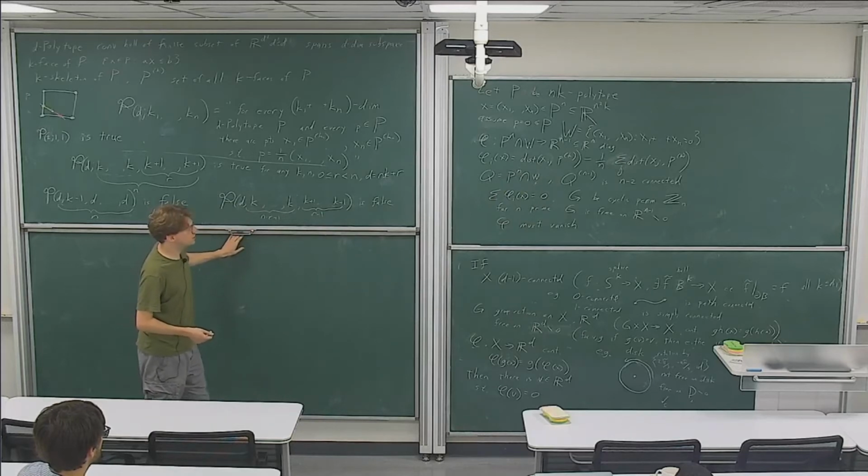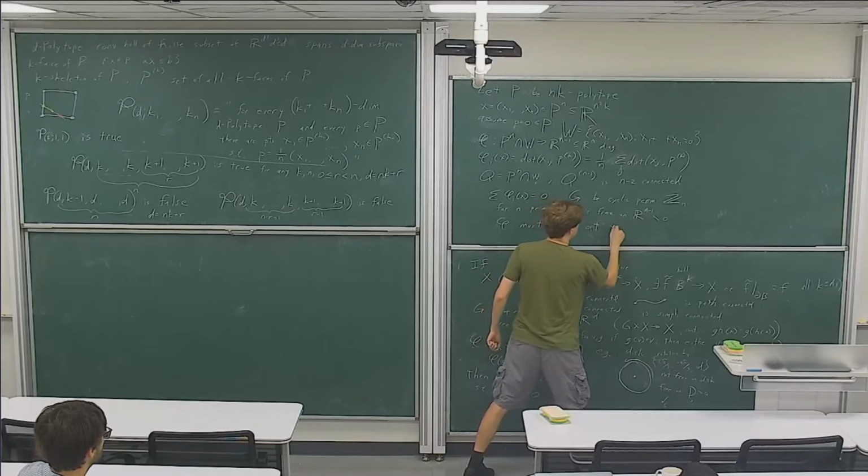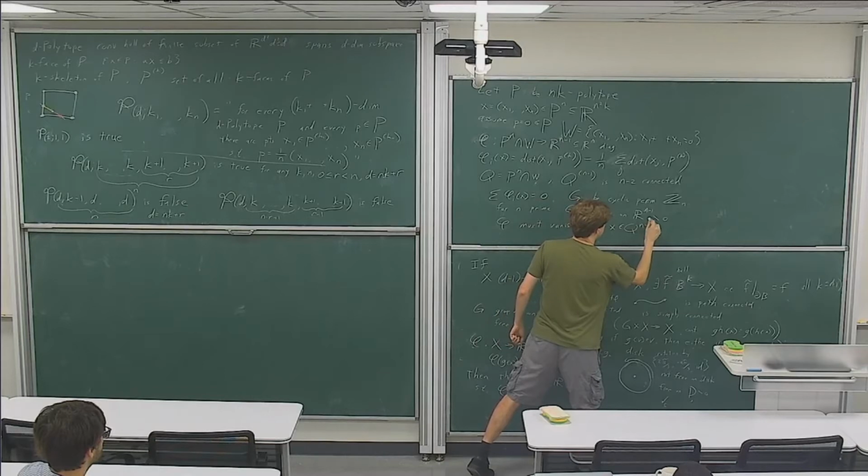So this vanishes at some point x in Q n minus 1. Right.